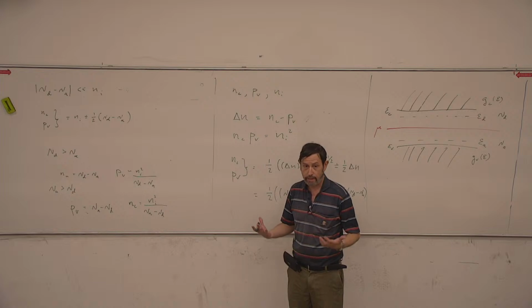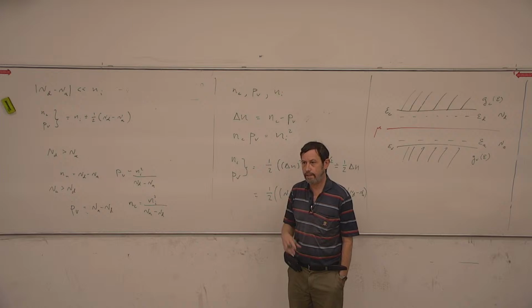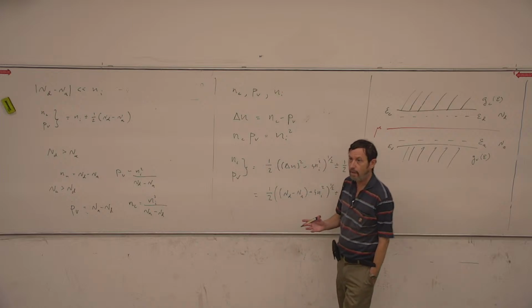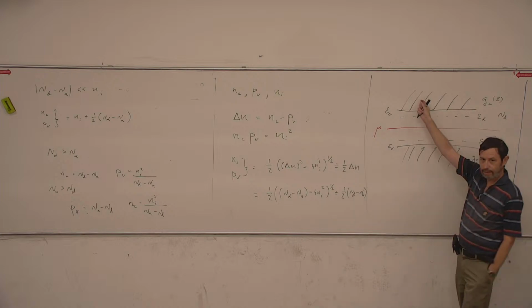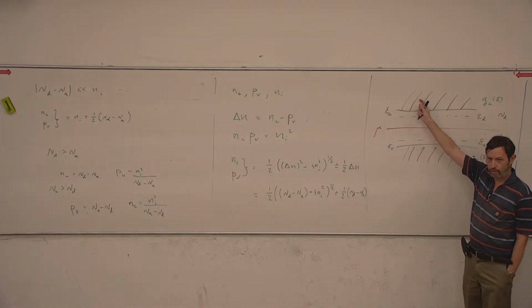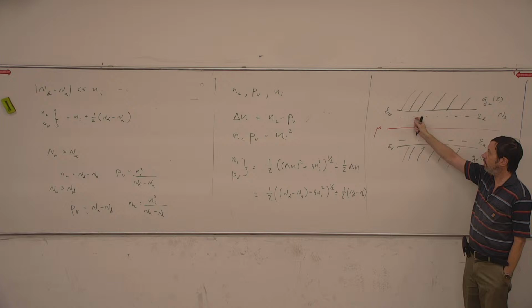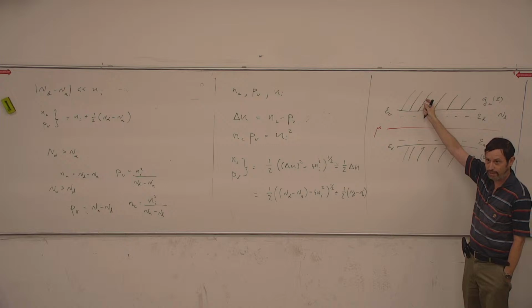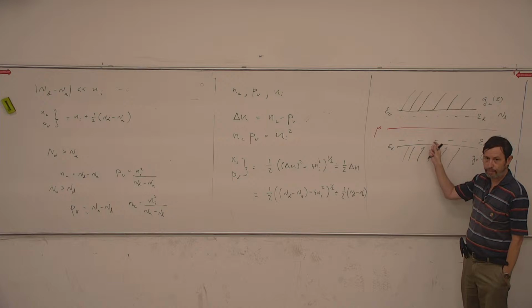The main thing that happens, whoever is larger, the acceptors or the donors, will move to the respective bands. If I have more donors, I'll find those electrons in the conduction band. If I have more acceptors, I'll find these holes in the valence band.